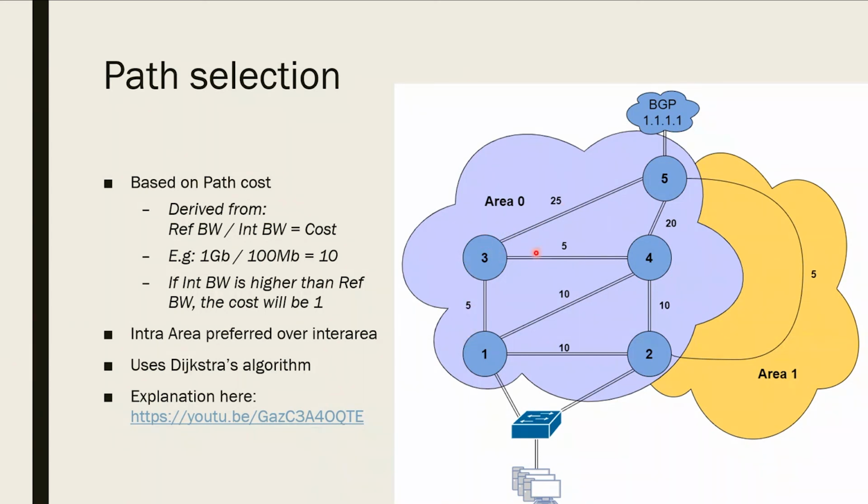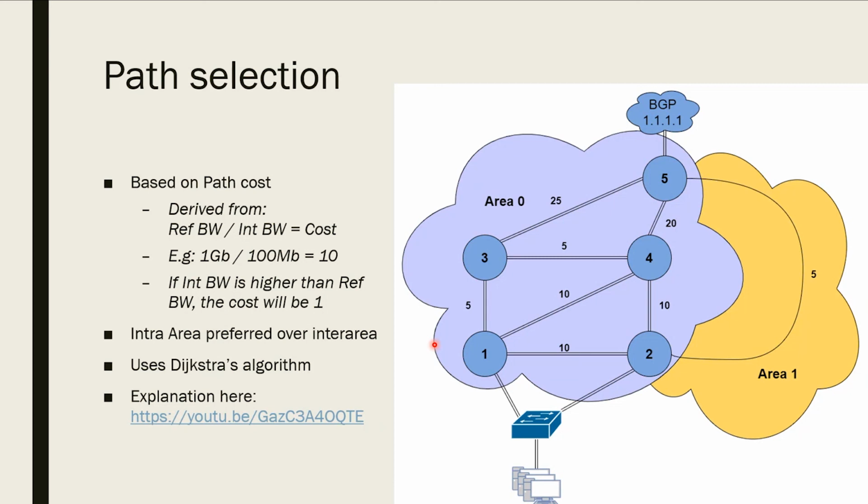As we mentioned earlier, that is based on the reference bandwidth. You've got an interface bandwidth, let's say 1 gig or 100 meg, and then you've got a reference bandwidth. That reference bandwidth should be consistent across the whole OSPF topology. If it isn't, you can start to get conflicting information, which causes bugs and issues with OSPF.